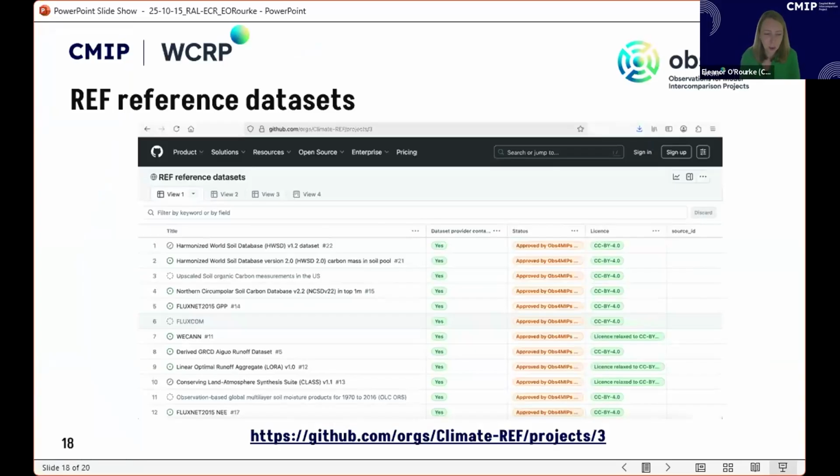Dora did a great job helping us get a lot of these on board, so they could be included in the REF. And these data have to be prepared in a way that allows for comparison with model data. That happens within an activity called OBS for MIPS.